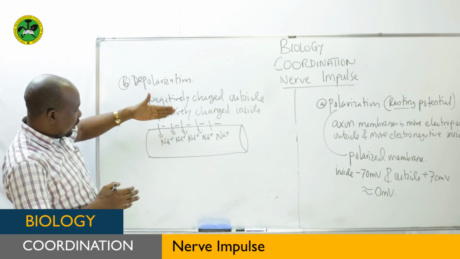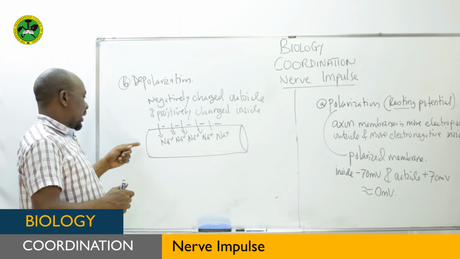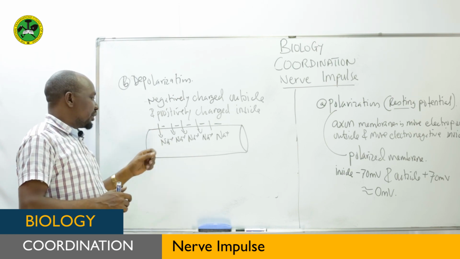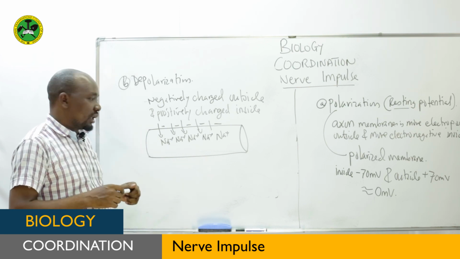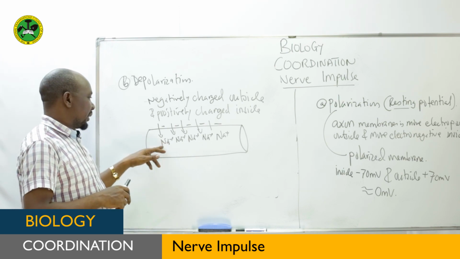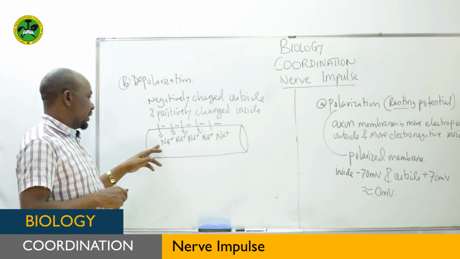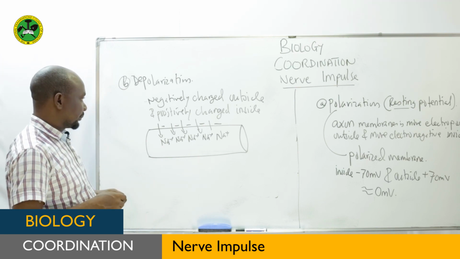Meaning that the sodium ions which were outside, after the disturbance, the gated channels for the sodium ions open, allowing the sodium to enter into the axoplasm, making it positively charged inside and negatively charged outside.